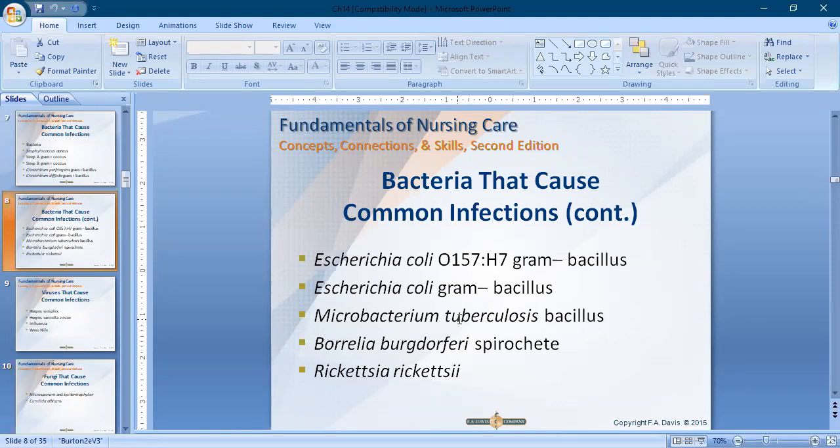So Mycobacterium TB, or tuberculosis, is an airborne precaution, right? Other example diseases are measles, varicella, then smallpox, SARS, which means severe acute respiratory syndrome, and COVID-19, airborne, right?